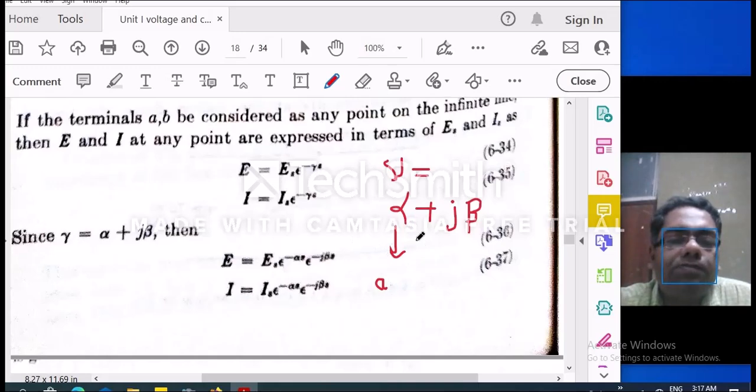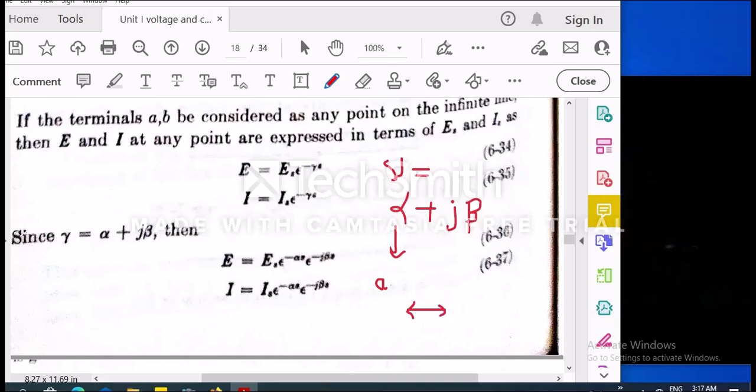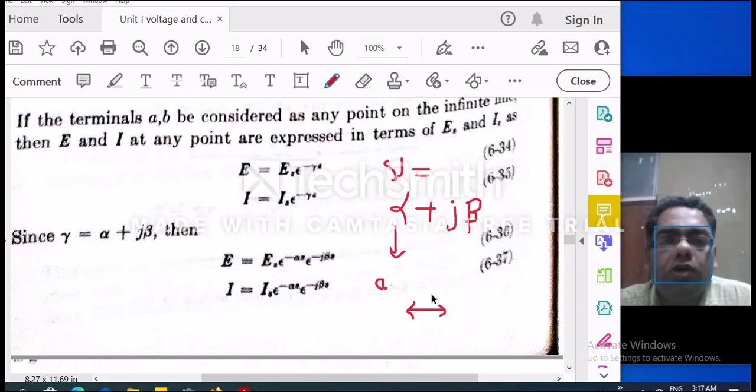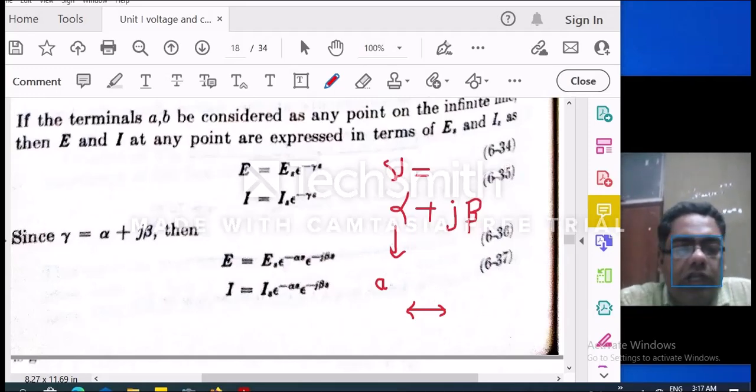That means when a wave travels unit distance in a transmission line, how much the signal is attenuated, that is, how much the amplitude decreases.